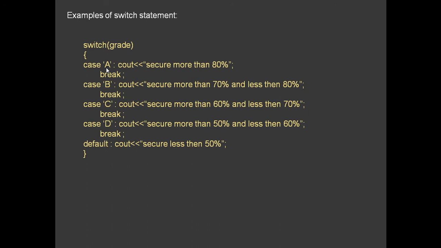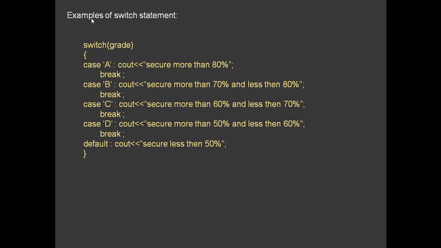That means this character a is a pre-written data value in the program. The data that you enter here, suppose you enter grade a, so this case a will be compared with the value that you enter here.